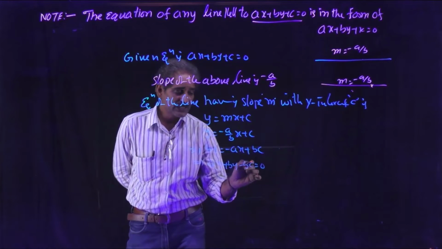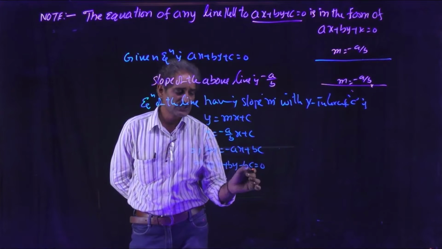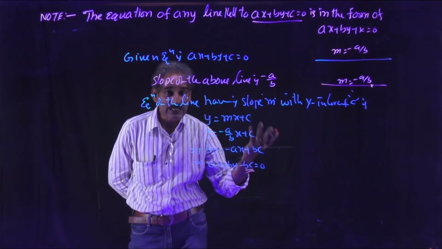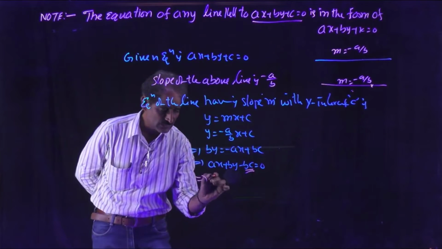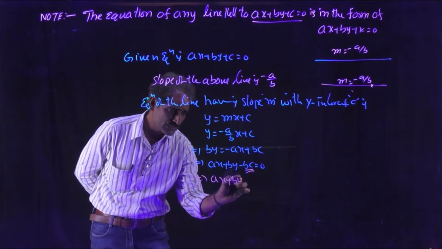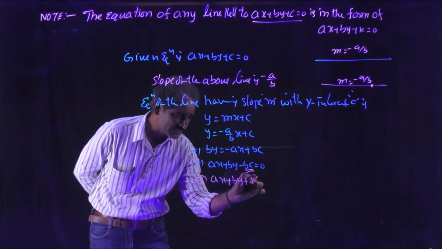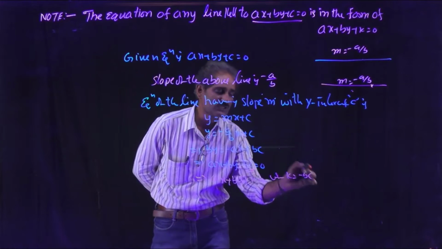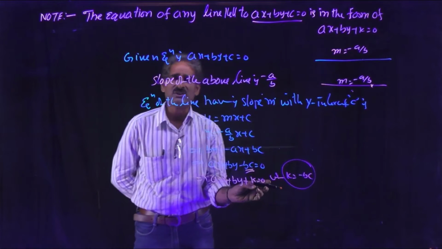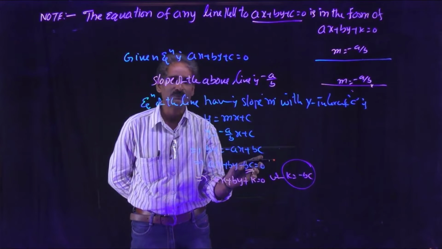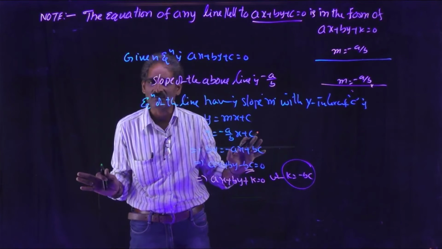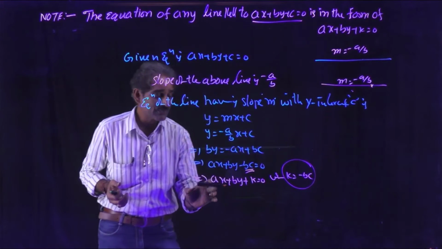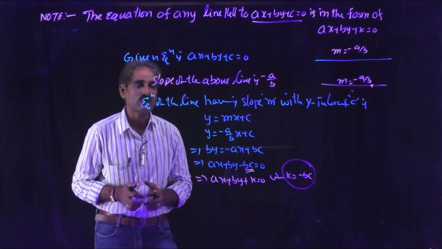Here b and c are constants. So we can write ax plus by plus k is equal to 0, where k is equal to minus bc. You can take any constant in place of this. Minus b into c is nothing but a constant. So it is also in the form of ax plus by plus k equal to 0.